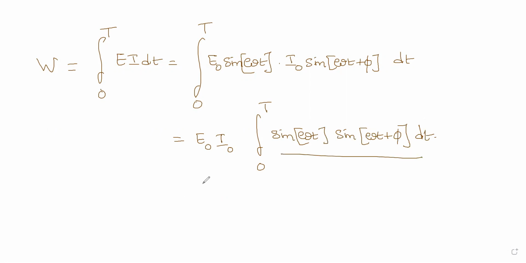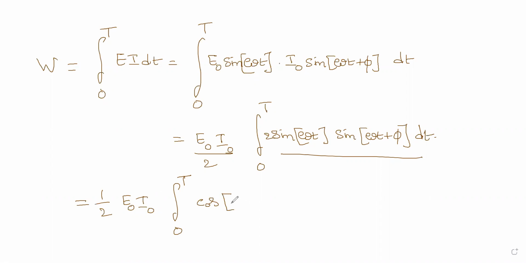This integral can be evaluated in many ways. One is to multiply and divide by 2. Then you can write it as cos of a minus b minus cos of a plus b.